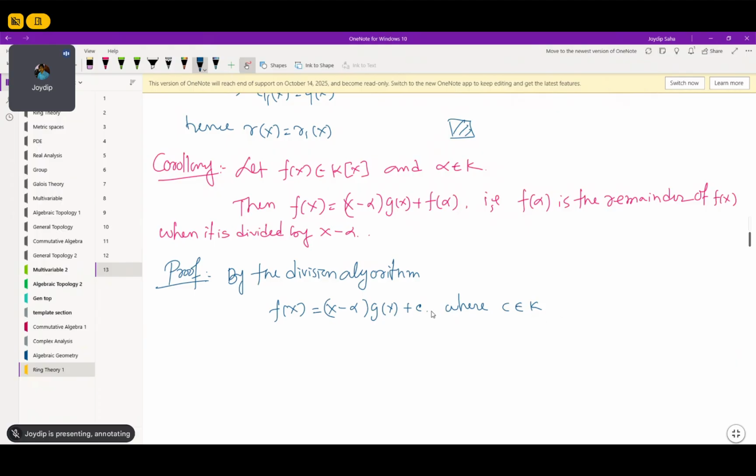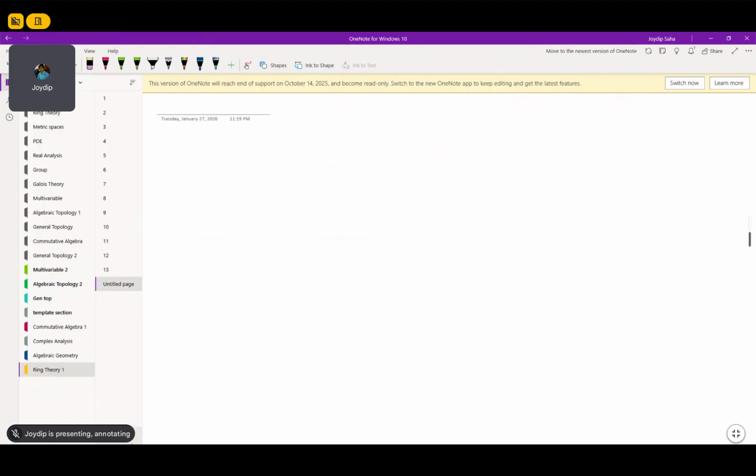If it is 0, then okay. Otherwise, if it is not 0, then the degree should be 0, because x - alpha is degree 1. So if alpha is c, we're done. Next question.